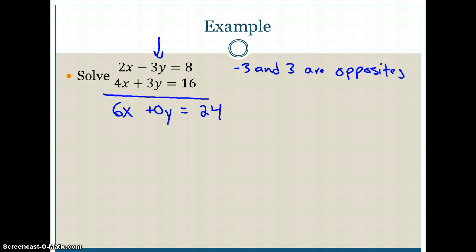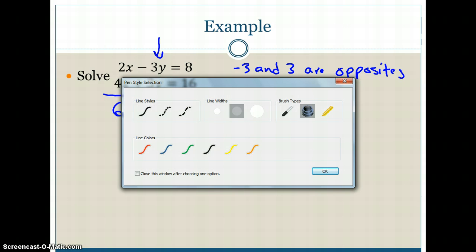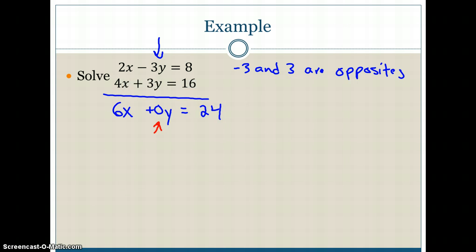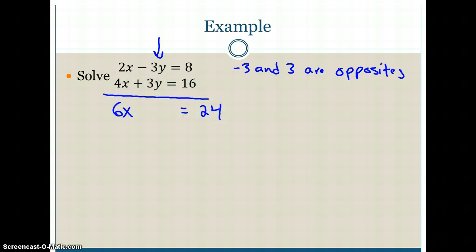What this does is the 0y comes from these two being opposites, and that's where we eliminate the y variable. I'm going to erase those real quick. So now this is 6x equals 24, and we can solve that. Divide both sides by 6. I get x is equal to 4.